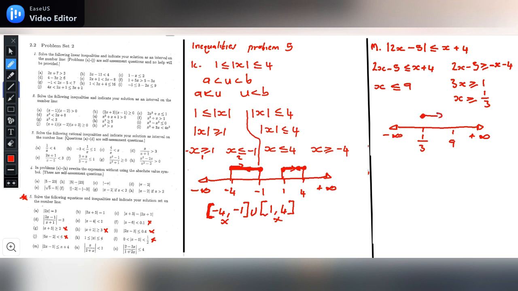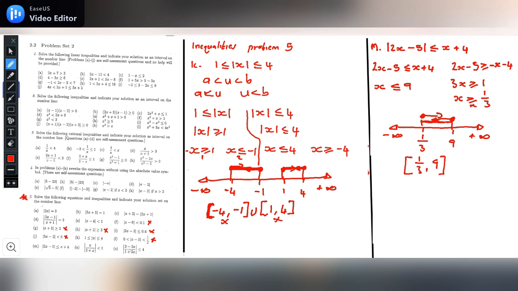This side because of this symbol. Then what about 9? The closed interval also, where does it go? You see that they're going to clash. So meaning we're going to focus on these values. So meaning we have 1 over 3 and 9. That's it. That's it for M.